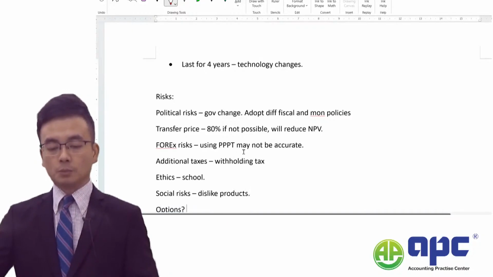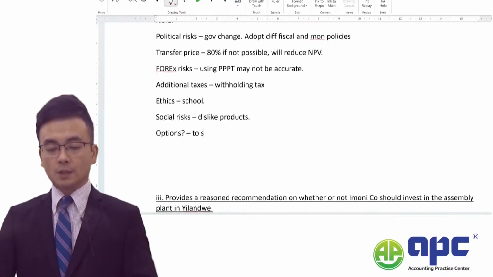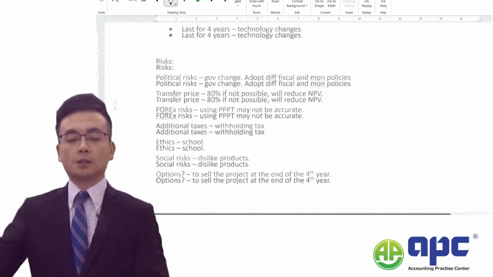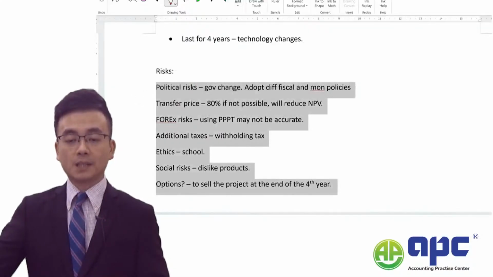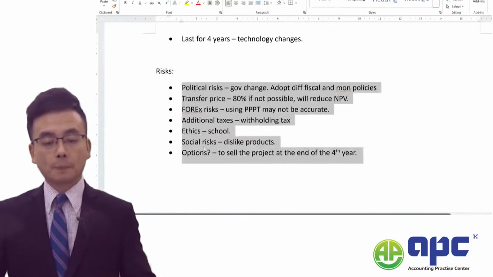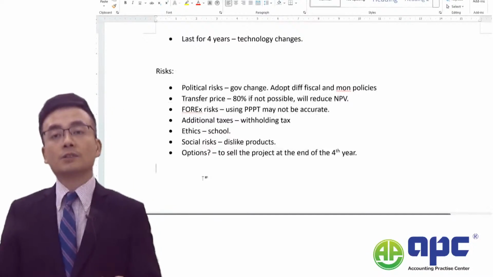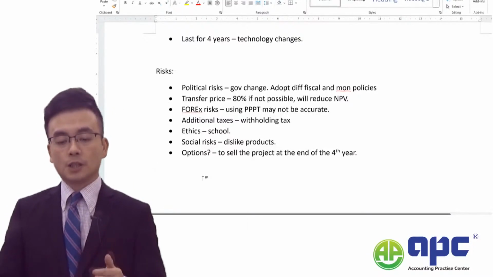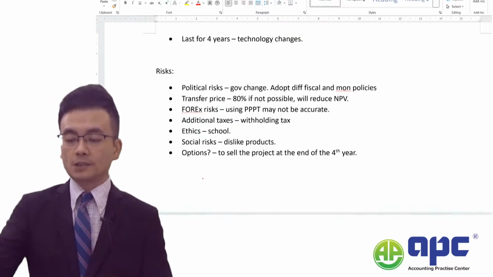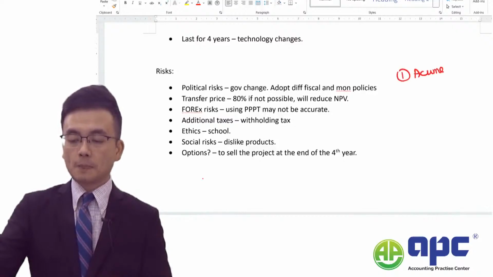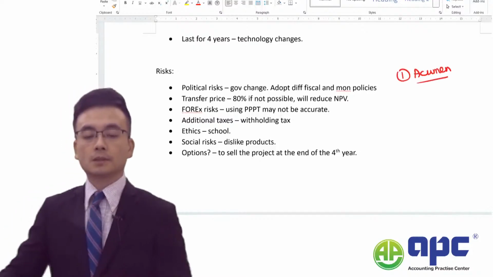Yeah, so for example, options to sell the project at the end of the 4th year and so on. So the value of that can be taken into account as well. Okay. Now, of course, if you were to analyze one of those in your answer, according to the marking scheme, there will be one ACCA mark that you will get.